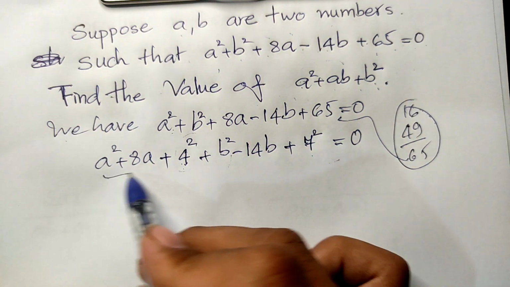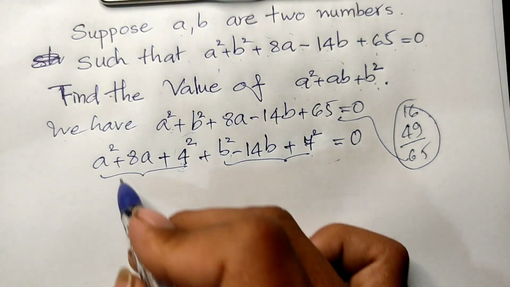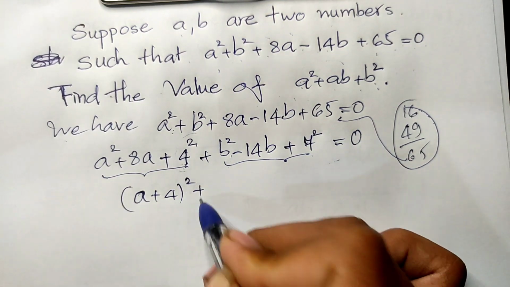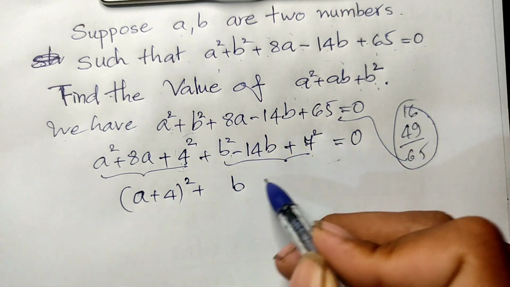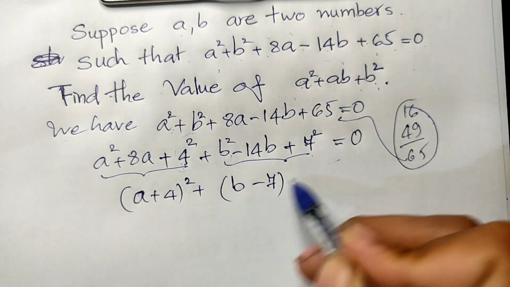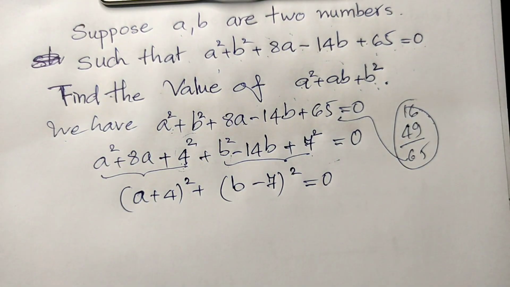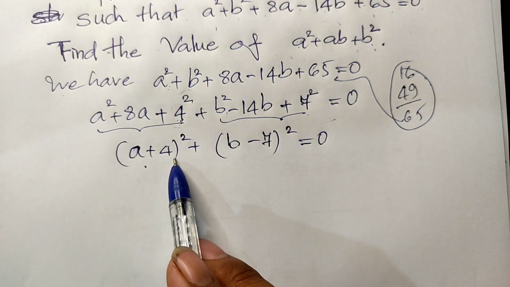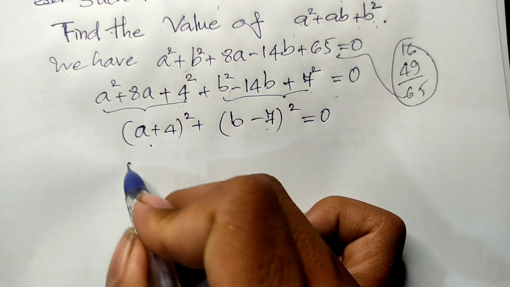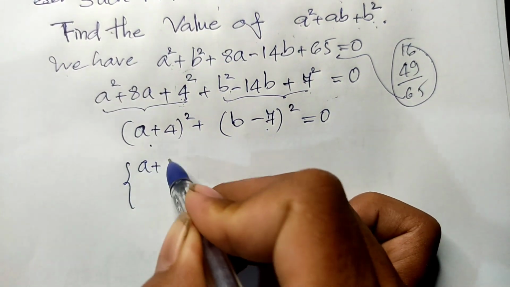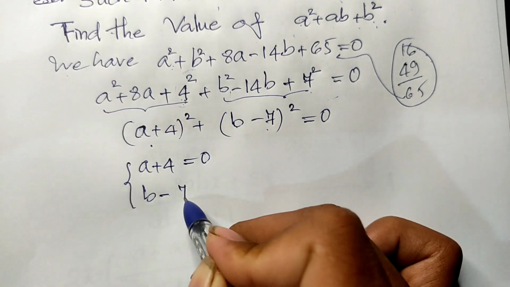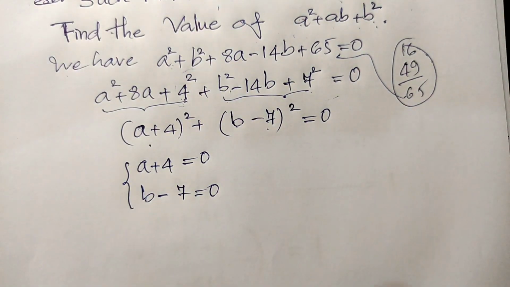So now I get a plus 4 all squared plus b minus 7 all squared equals 0. So if this equals 0 and this equals 0, then a plus 4 equals 0 and b minus 7 equals 0.